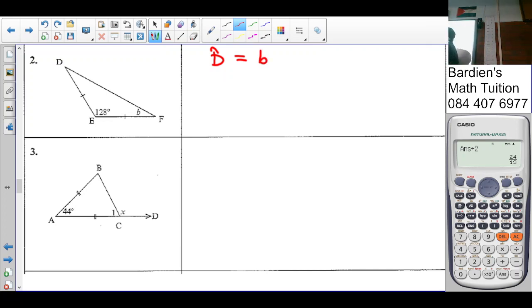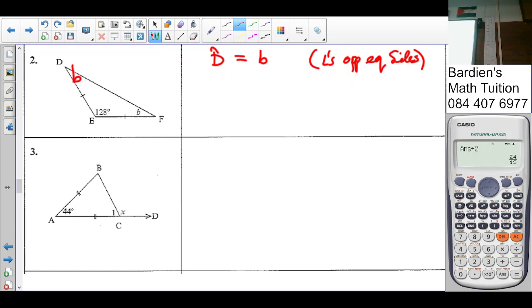These small letters are the same. So what's the reason here? Angles opposite equal sides. So there's a b here now, but have I solved for b? No.